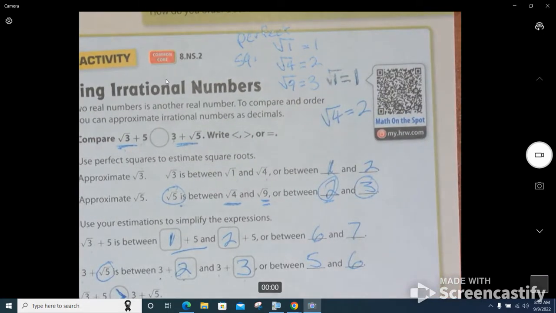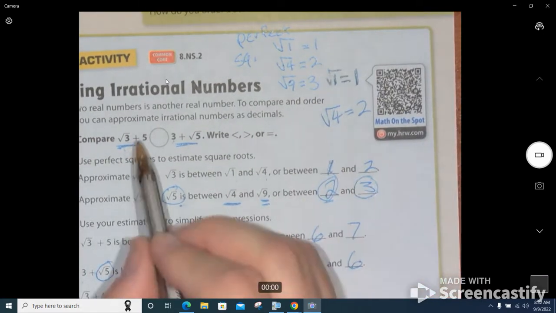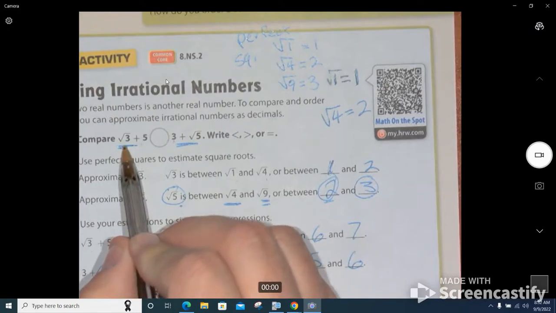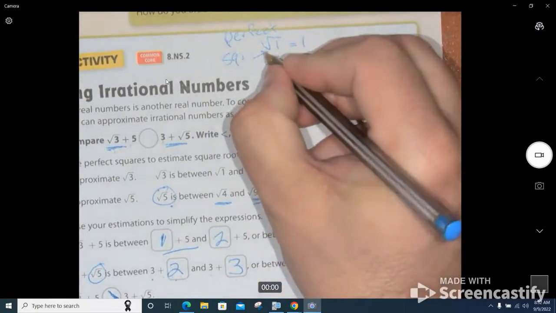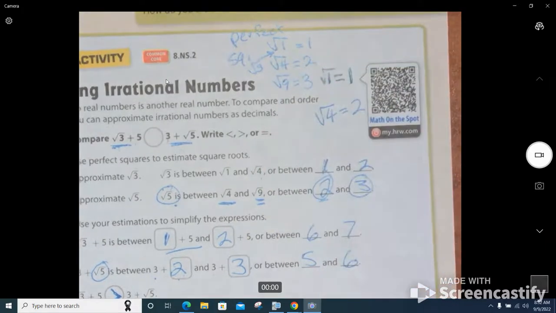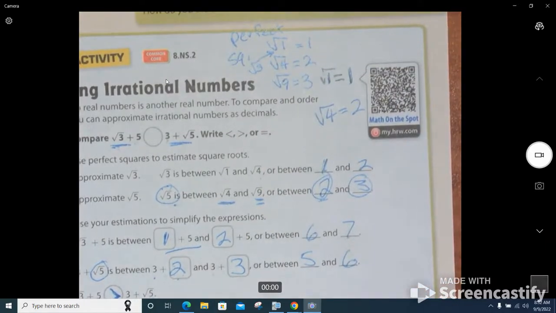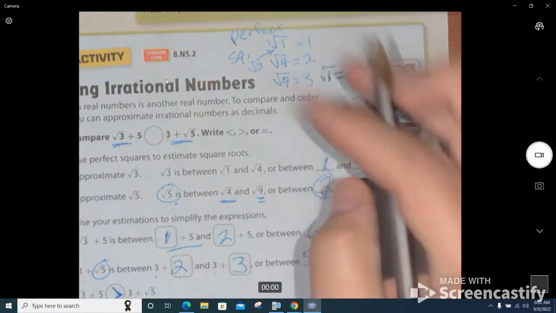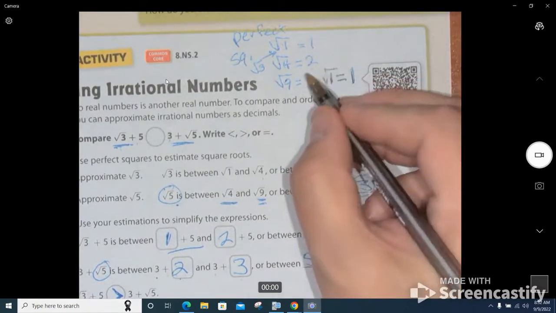Now, when we look at these, where does the square root of 3 live? Well, it lives right here. The square root of 3 is between these two numbers. So the square root of 3 is actually between 1 and 2. Maybe we think it's 1.5. We don't know, but we know that it's between 1 and 2.